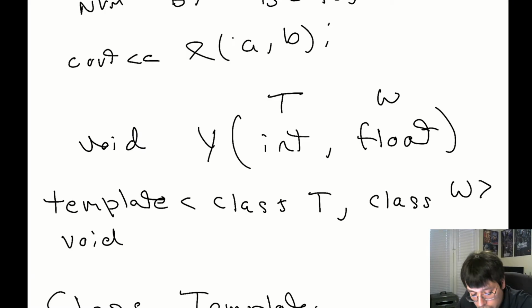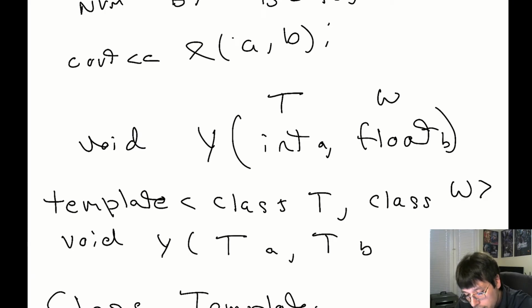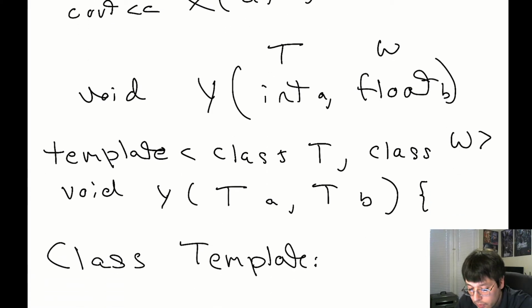This one's a void function, so I'll just write void here, and then y, and then put T. Obviously, we need to give variable names, so let's just say a, b. So T a, comma, T b, and then just write the code of whatever this is supposed to do.